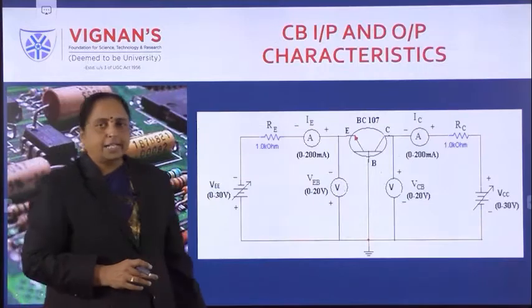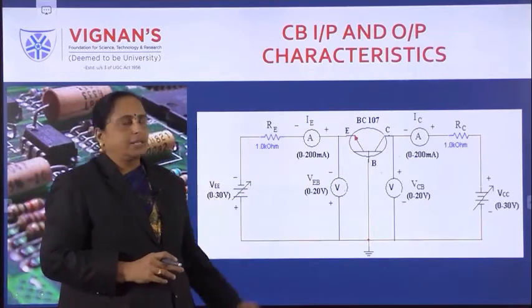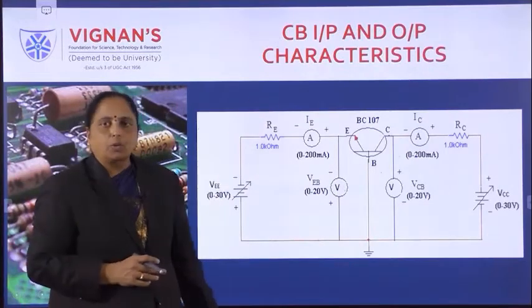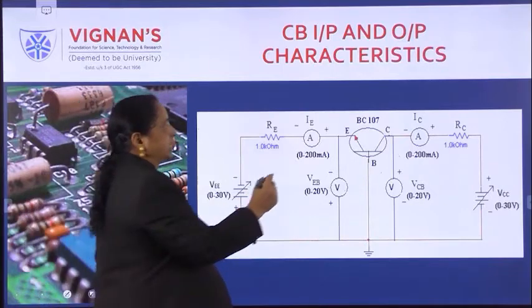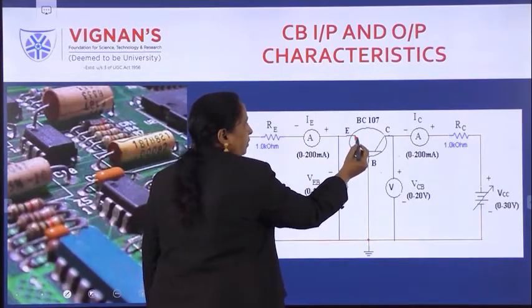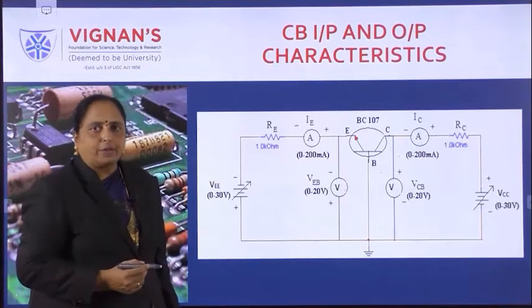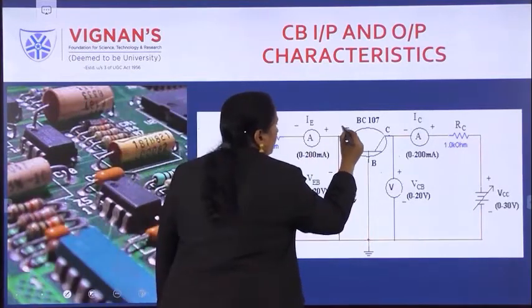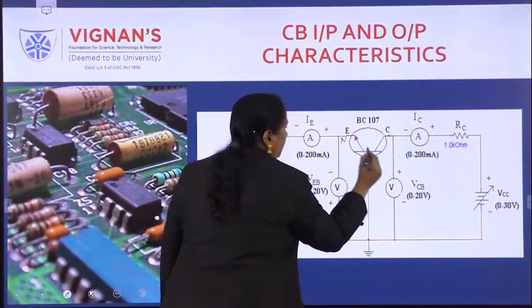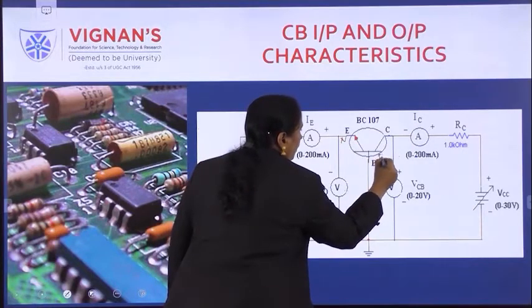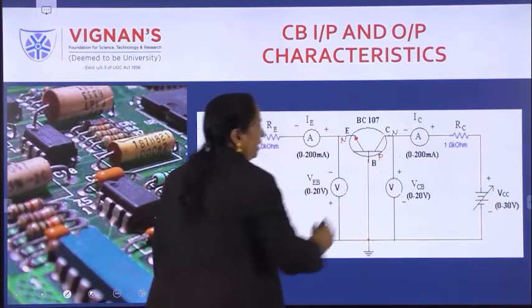Okay, this is an experimental setup for common base to study the input and output characteristics. See here, this is a common base configuration. So usually in your lab you will use BC107. Okay, so this is an NPN transistor.